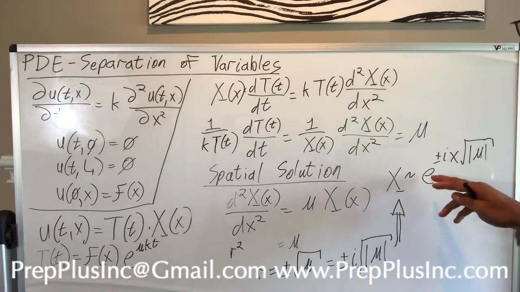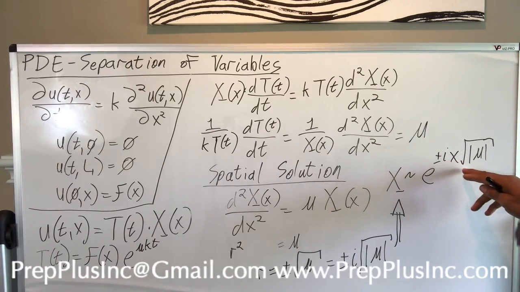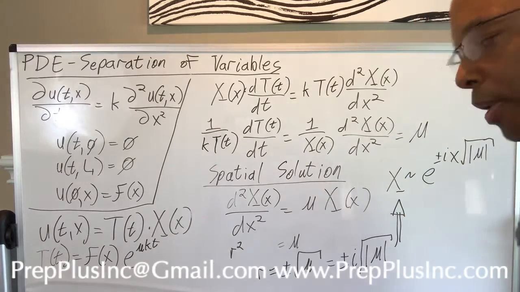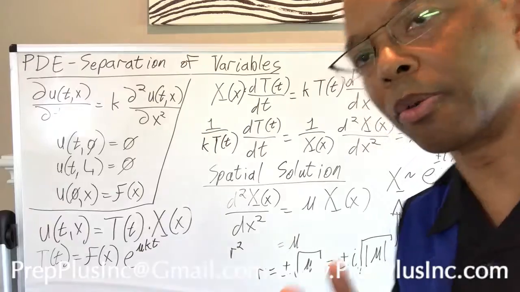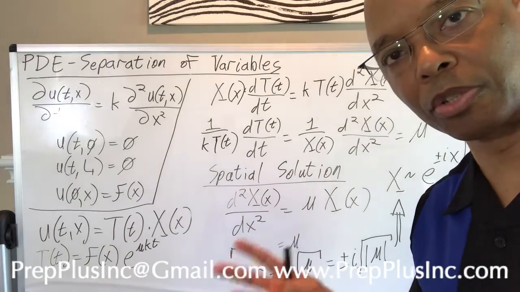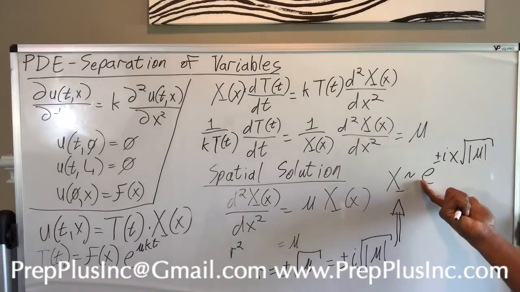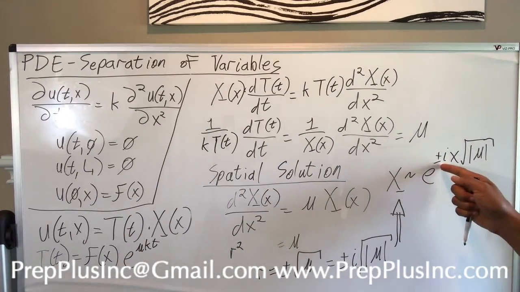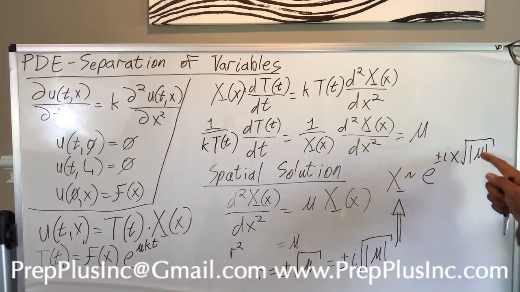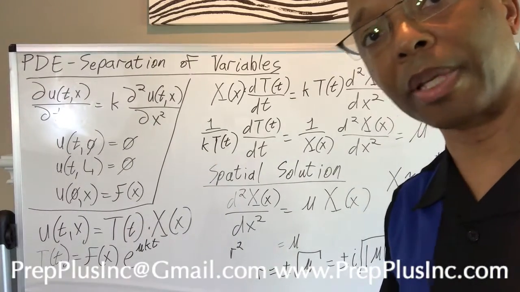So the solution has some dependence e to the plus or minus i times x square root of the absolute value of mu. Now we know this is a real physics problem, so we expect the solution to be real valued. And from this we know the solution must be oscillatory.